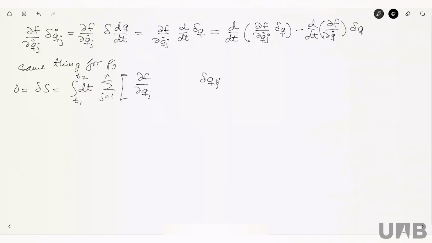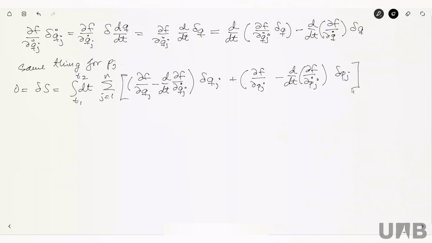This I already had, but now I have this extra piece that comes from the integration by parts, so I put here minus d dt of the derivative of f with respect to q dot j. This is what I get for the q's, plus the derivative of f with respect to pj times delta pj. But now I also have the same thing coming from the integration by parts, minus the derivative with respect to t of the partial of f with respect to p dot j.